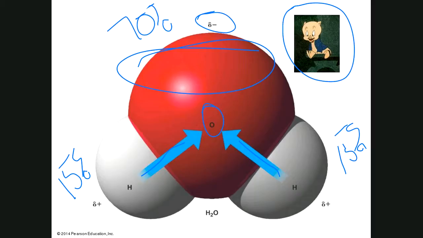Now, this little squiggly gizmo indicates that because the electrons are spending most of the time up at that end, the molecule actually ends up developing positive and negative ends, things that we call poles, positive and negative poles.